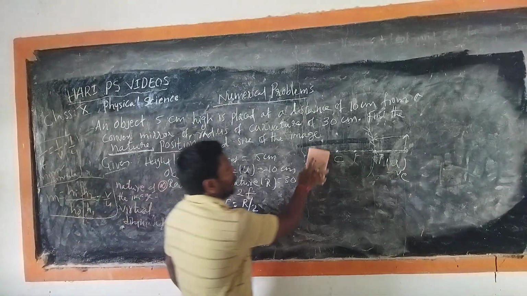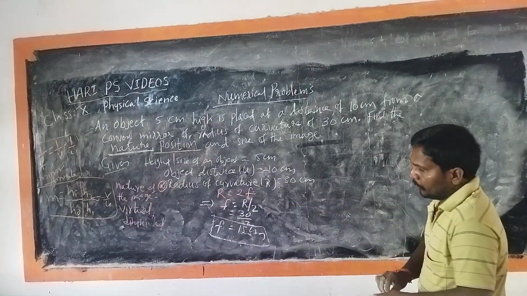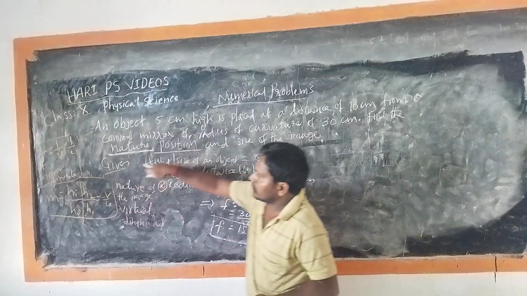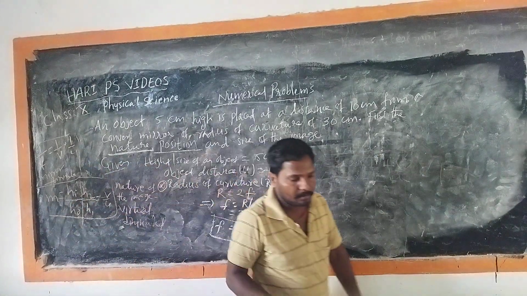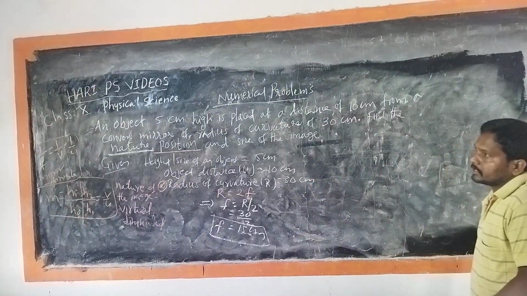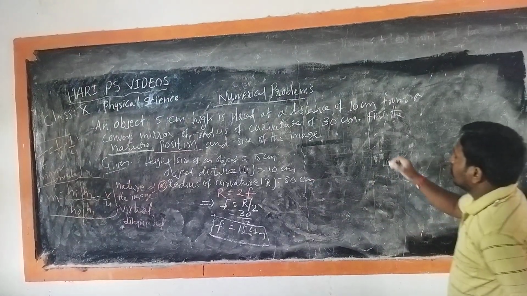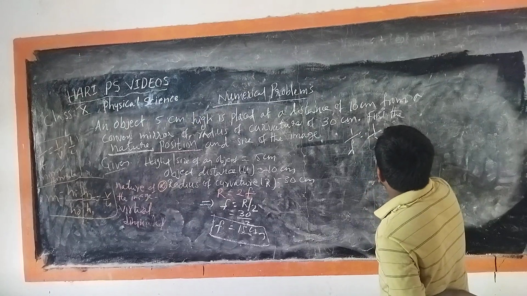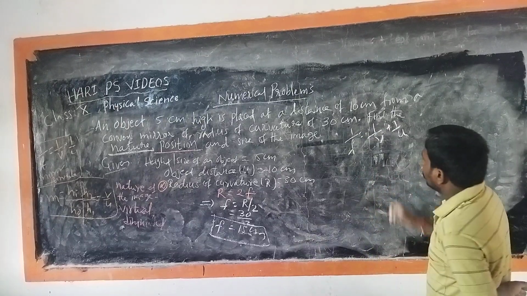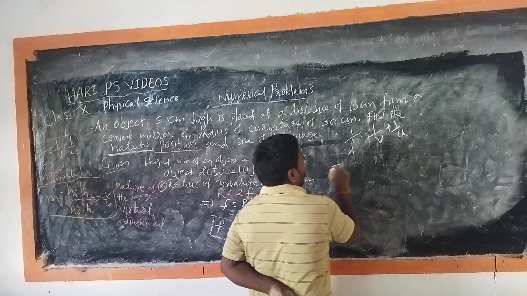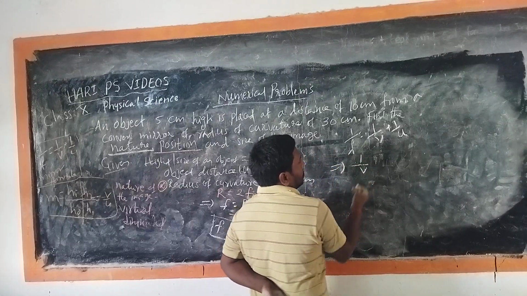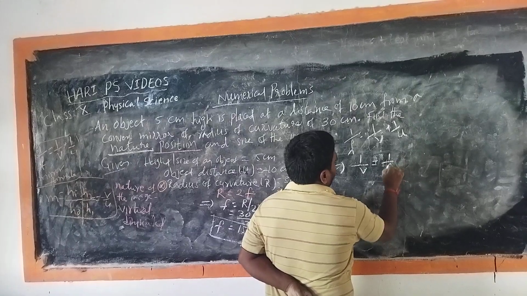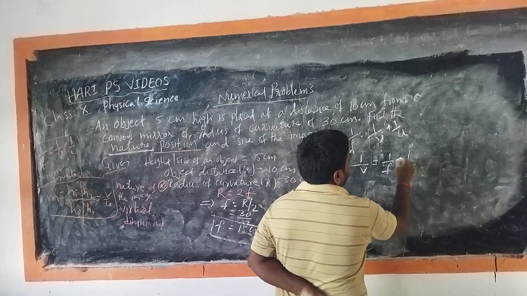Now we know the focal length and object distance, so by using the mirror formula we are able to find the position of the image. From the formula 1 by f equals 1 by v plus 1 by u, I have to write 1 by v is equal to 1 by f minus 1 by u.